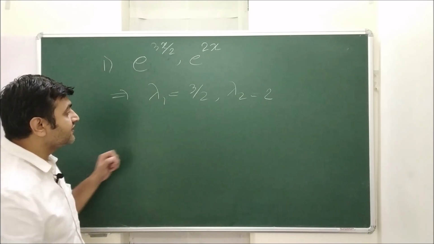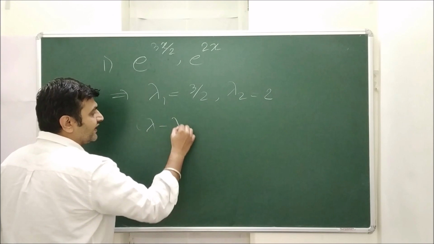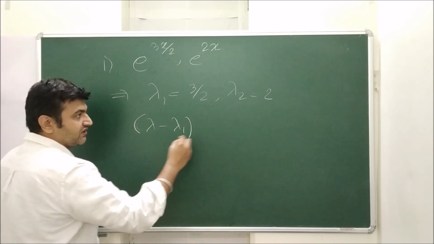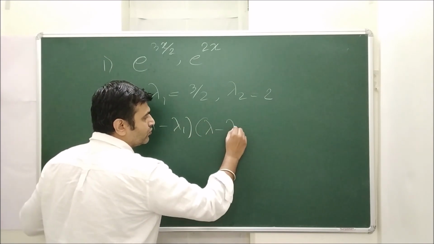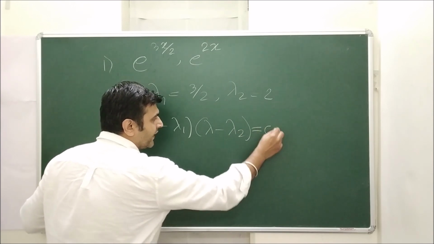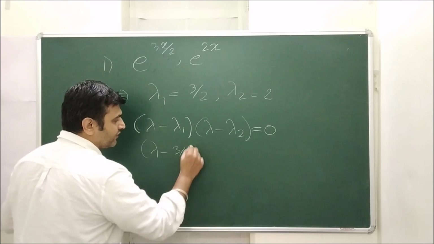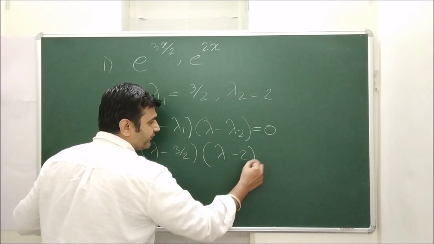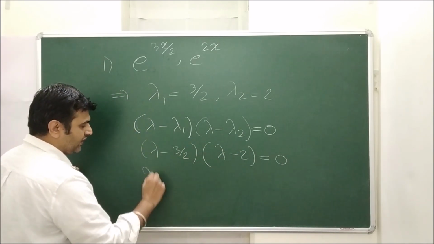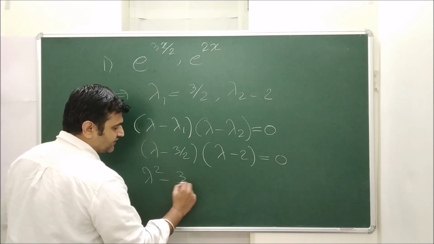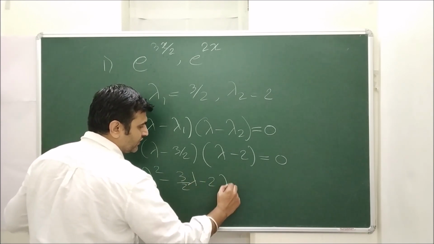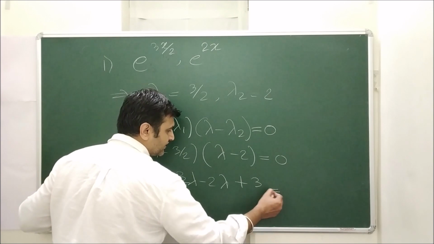So lambda 1 is a root, therefore lambda minus lambda 1 is a factor of the auxiliary equation, and lambda minus lambda 2 is also a factor of the auxiliary equation. So this is nothing but lambda minus 3 by 2 into lambda minus 2. When you expand this, lambda square minus 3 by 2 lambda minus 2 lambda plus 3 equal to 0.